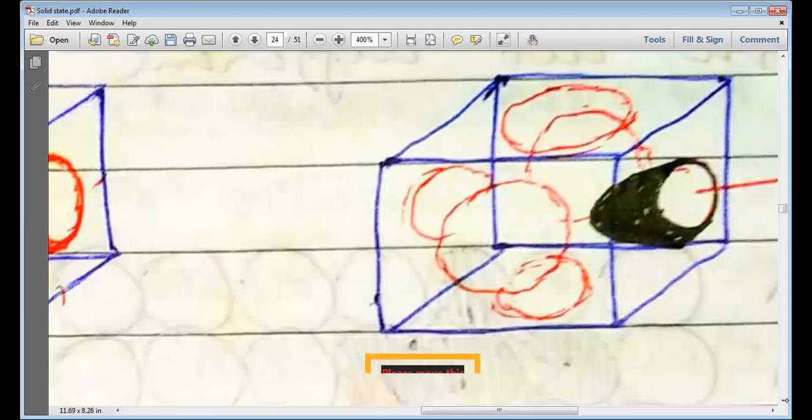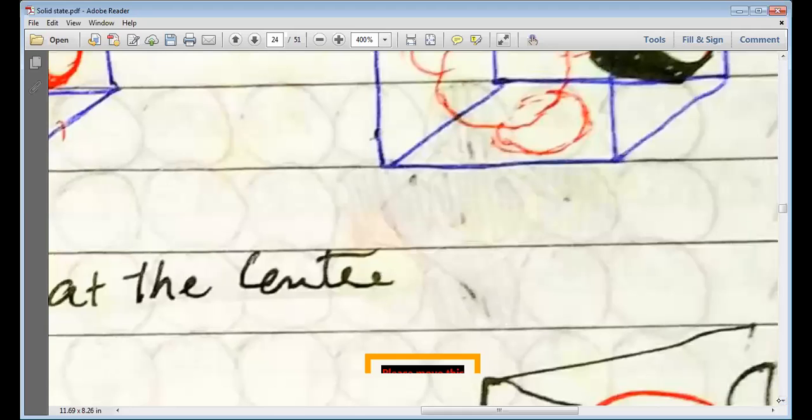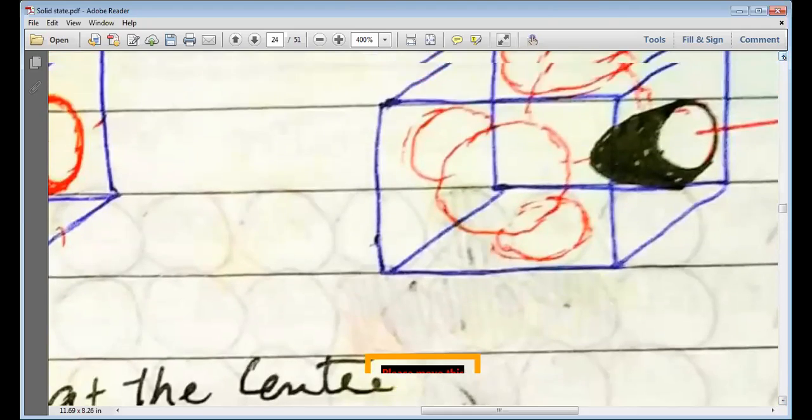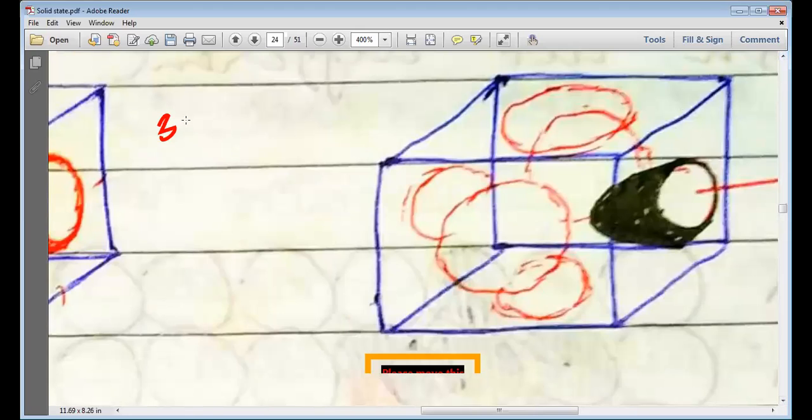When it comes to the end-centered, you need to remember that we have three pairs of opposite faces.